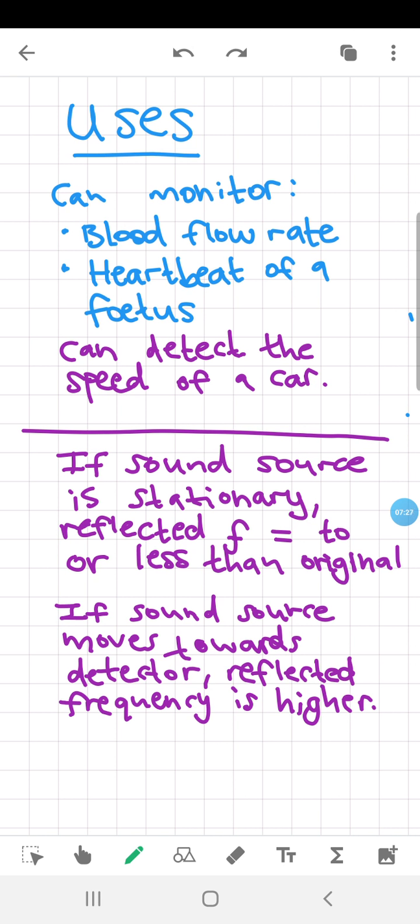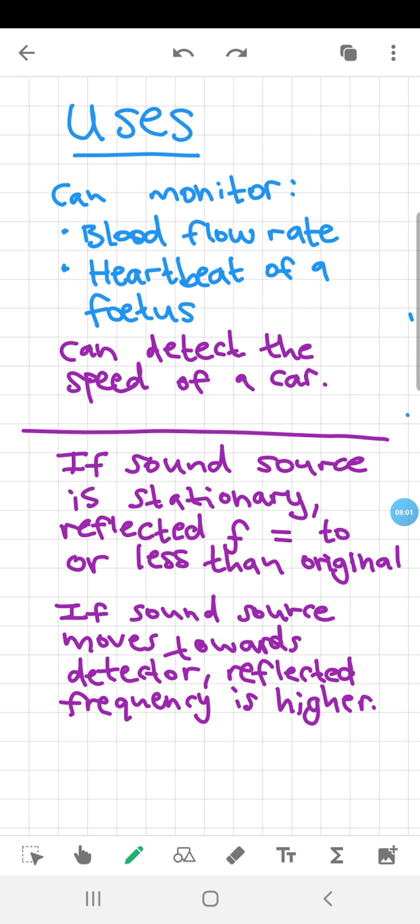So another thing I wanted to write down here, because I did see it in a past paper: if the sound source is stationary, it means that the reflected frequency is going to be equal to or less than the original frequency. So what I'm saying is, when they were explaining how the Doppler effect is used to measure blood flow rate, they said something about how a transmitter emits a sound, and the blood cell reflects that sound back to the sound source.